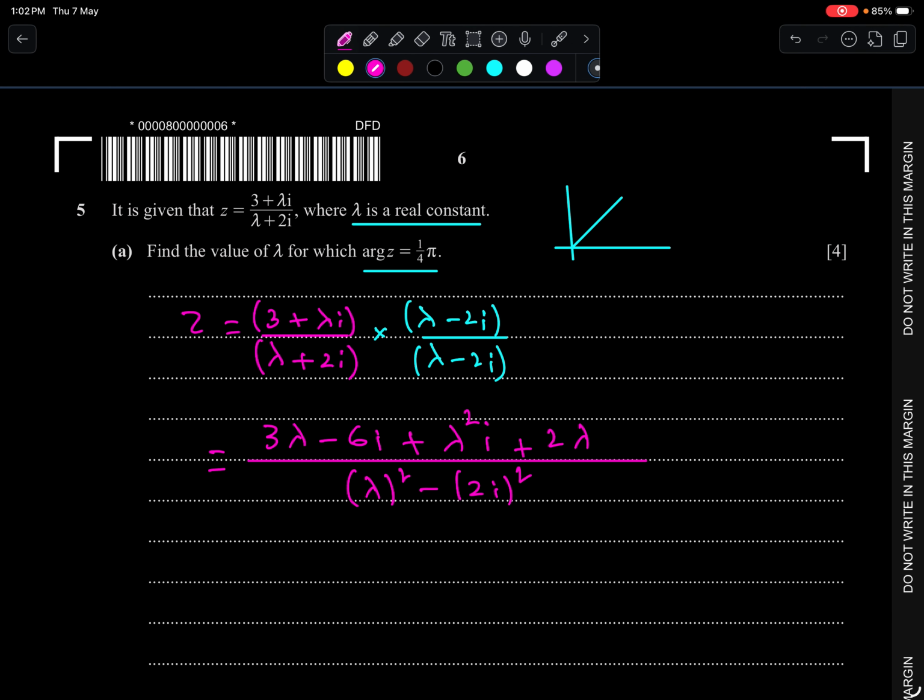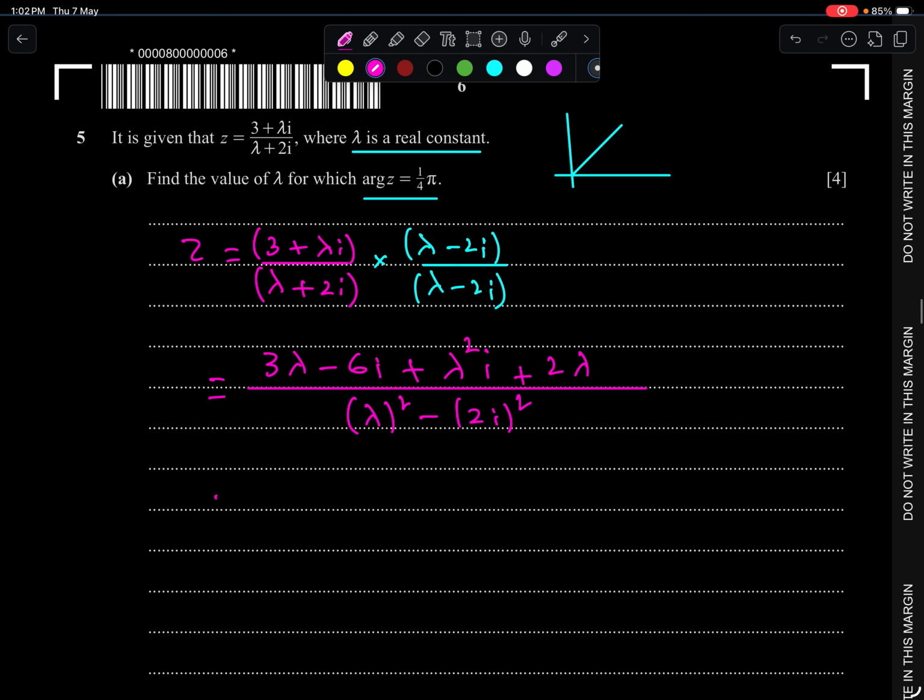But I'm just showing all these steps for your conceptual clarity. Lambda square plus 4 because i square is minus 1. In numerator we have 5 lambda because this will become 5 lambda. Now take i common from these two, so we have lambda square minus 6i.